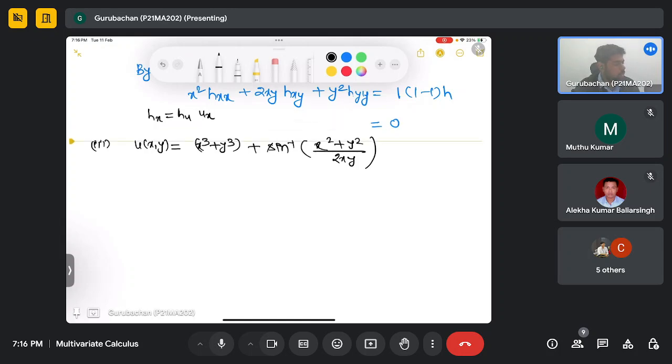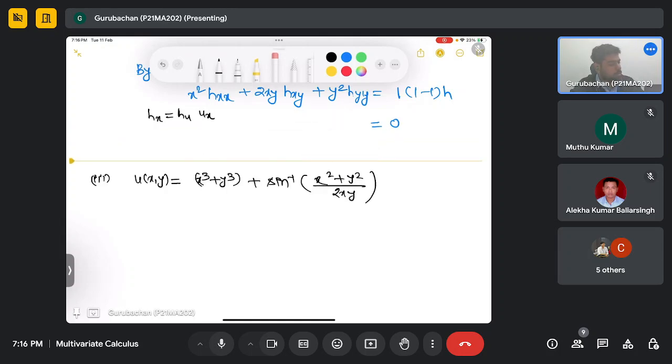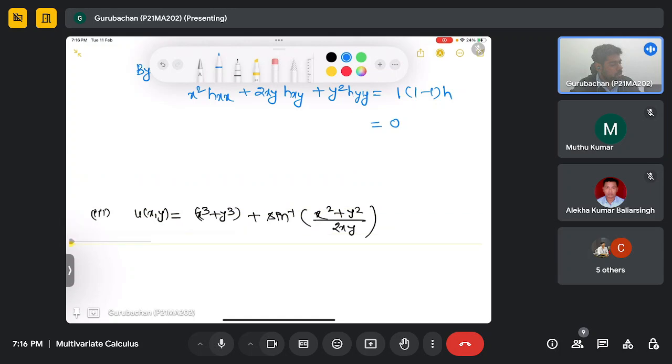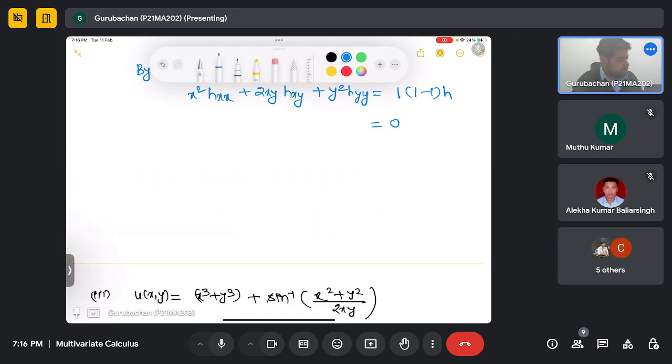Okay, let me write it here also, otherwise it will cause confusion for others. I'm writing this part. You can do the third one.